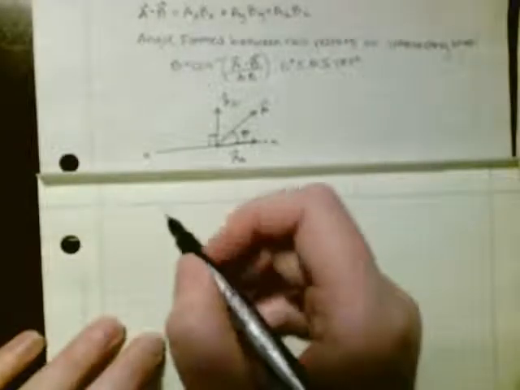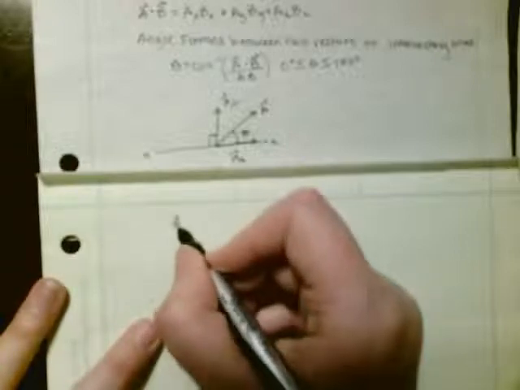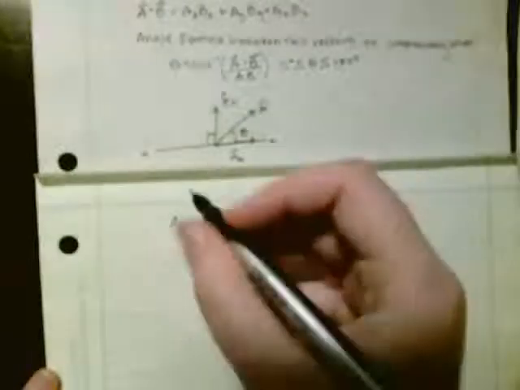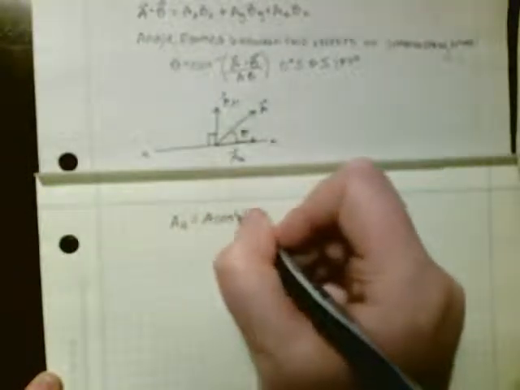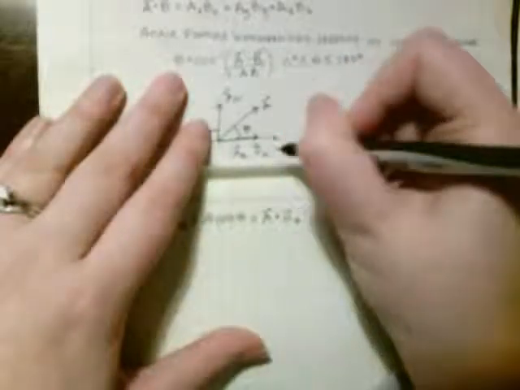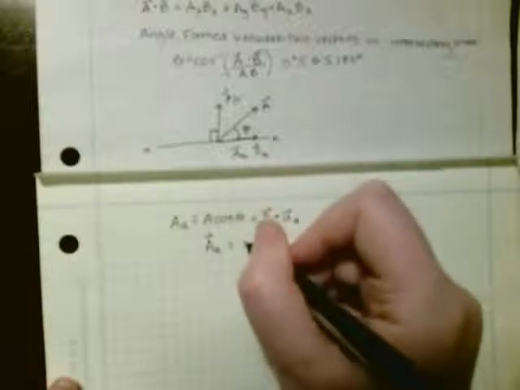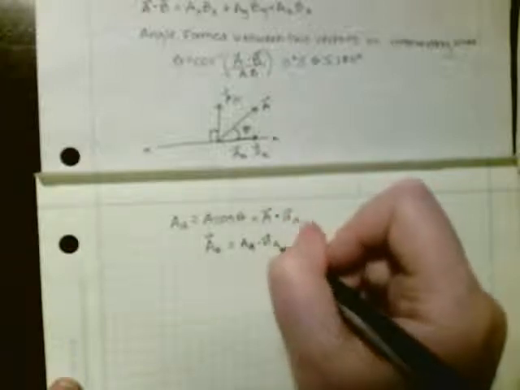So let's apply that. We're looking for the magnitude of A parallel, which is equal to A times cosine of theta, or A dot UA, where UA is the direction of the axis A. And if we're looking for the vector A parallel, it's the magnitude of A parallel times the direction.